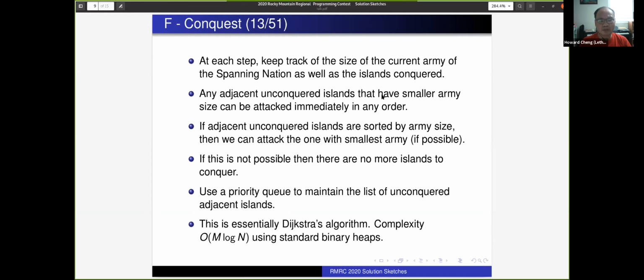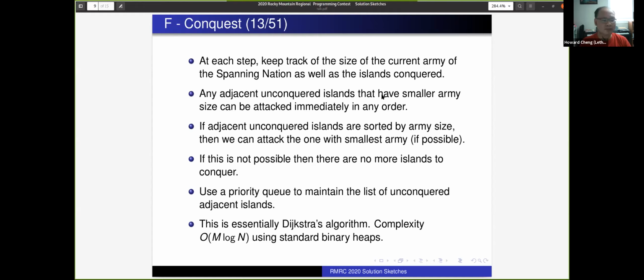So basically, you have to keep track of all the potential islands that you can attack, who you are adjacent to at any one point, and then you can attack them in any order. So you might as well attack the one that is smallest in terms of army size, because if you can't attack that one, then you can't attack anybody else, and you have to stop.